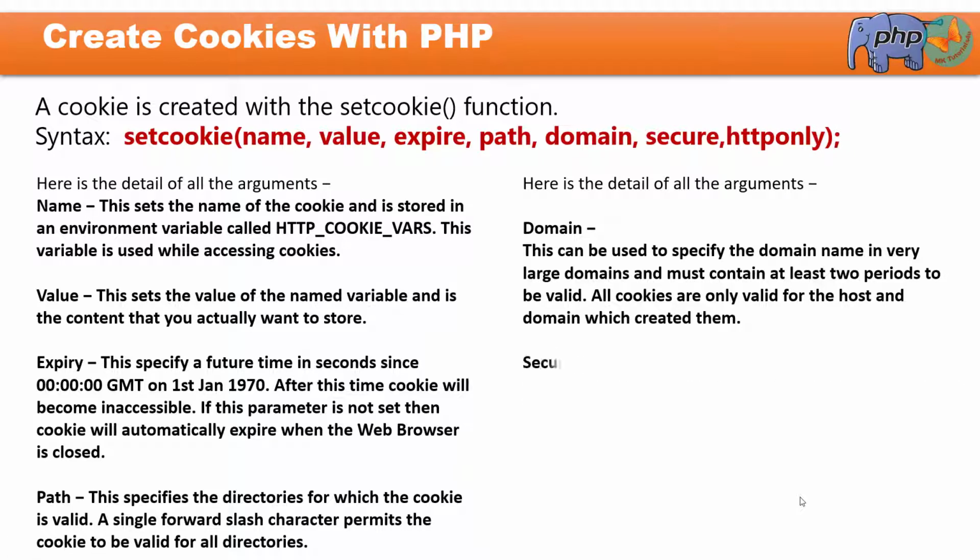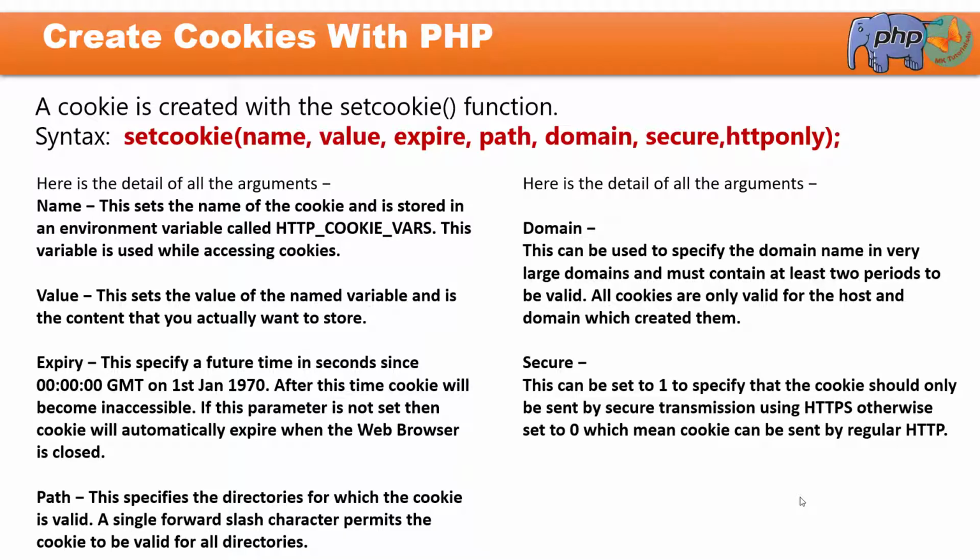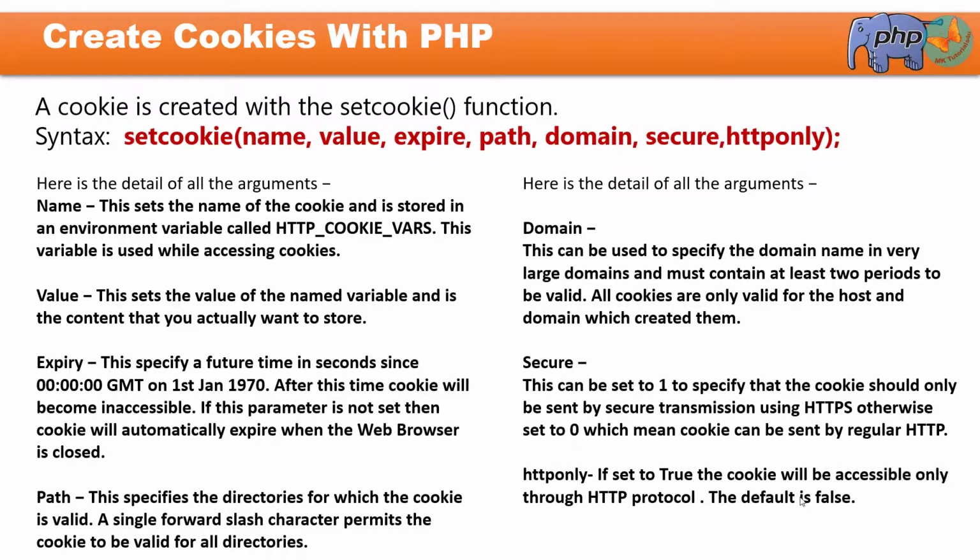The next parameter is secure. This determines whether the cookie should be sent by secure transmission, that is using HTTPS, or whether regular HTTP is to be used. On a similar basis is the last parameter, that is HTTP only.